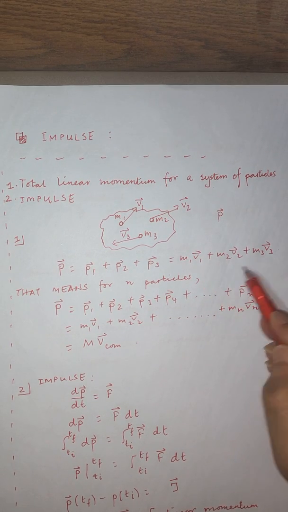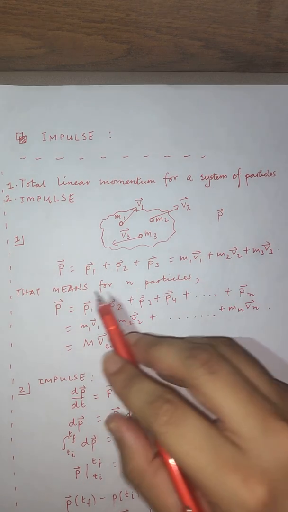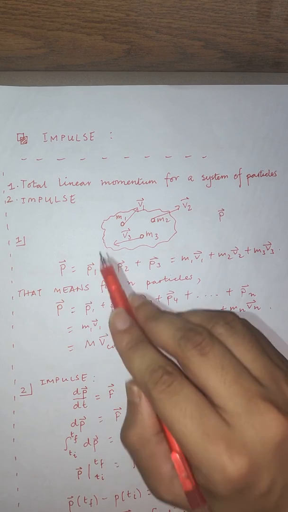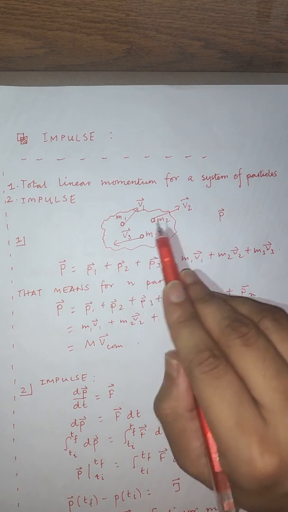So this is what we have as the total linear momentum for this system of 3 particles.